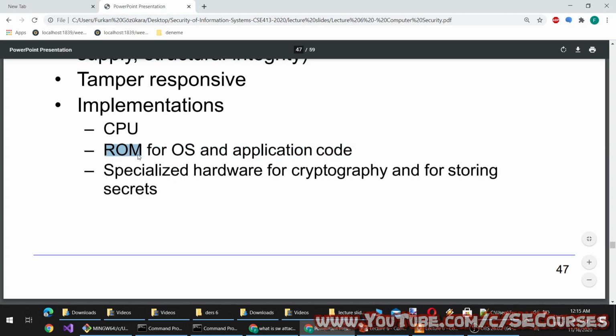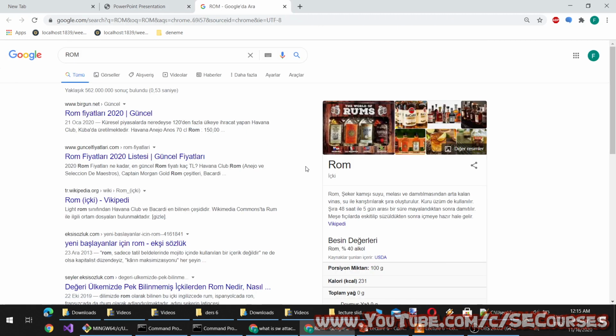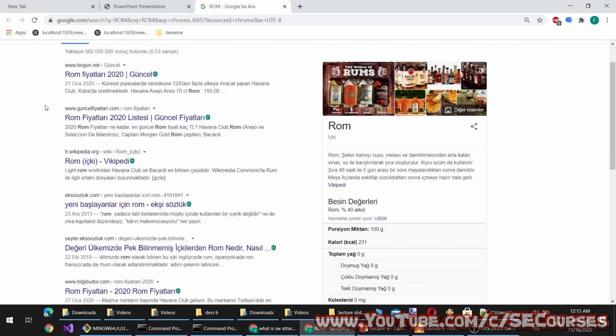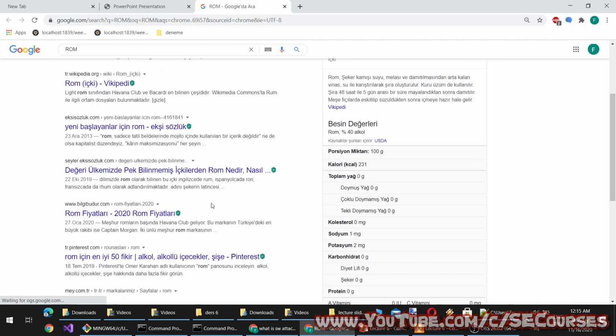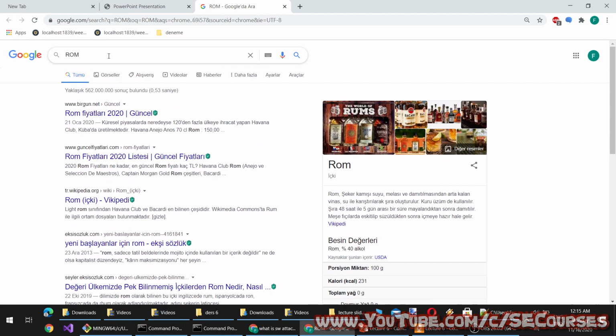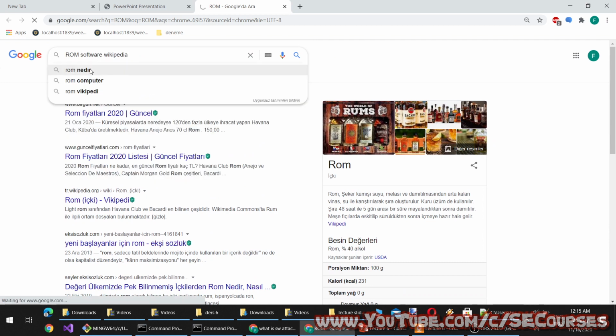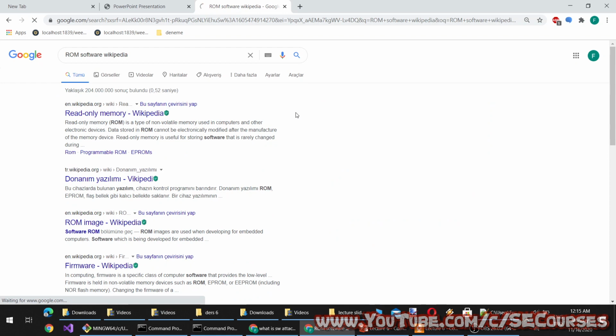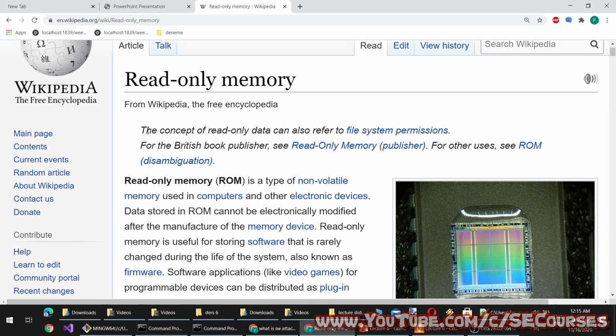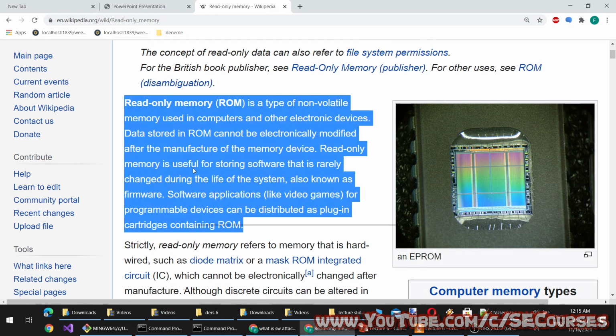So what was ROM, if you don't remember? It is read-only memory, and let's read about it. Read-only memory, ROM, is a type of non-volatile memory used in computers and other electronic devices.